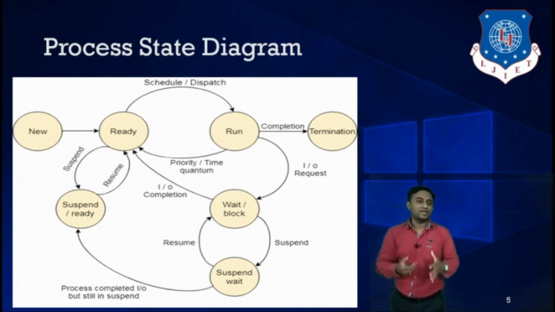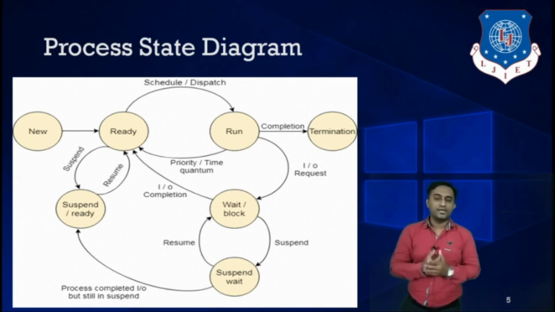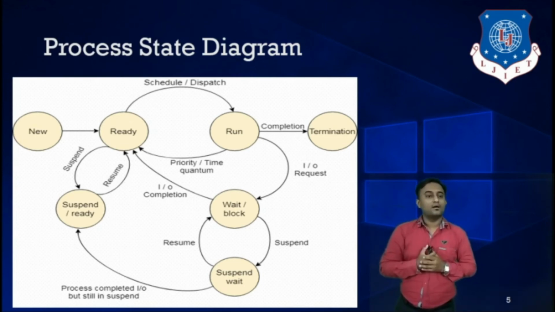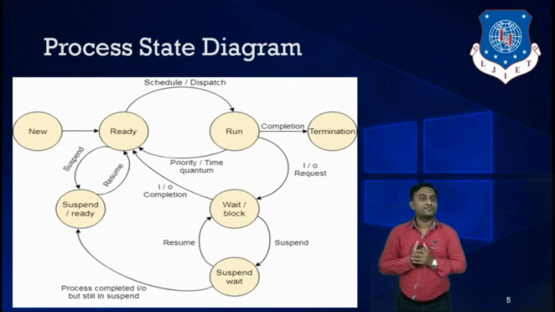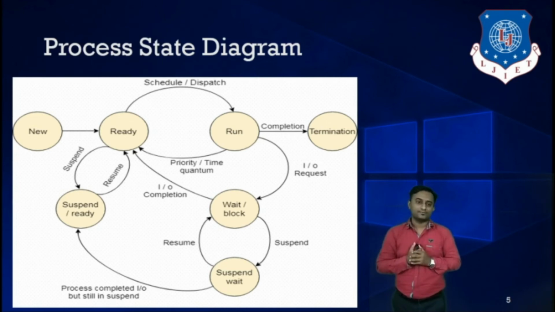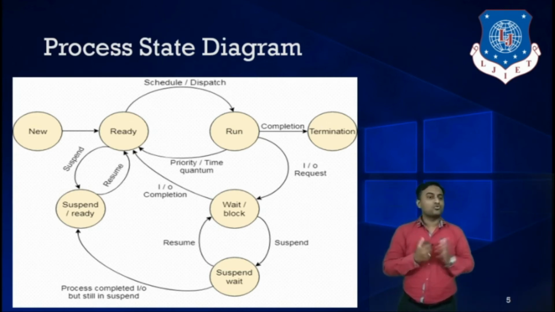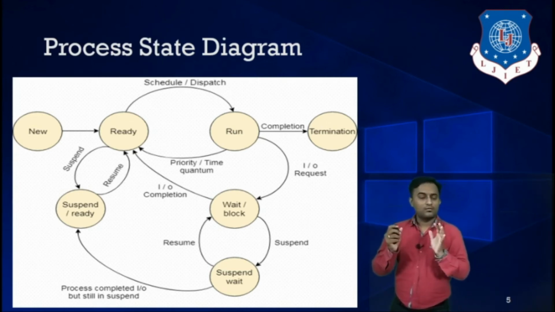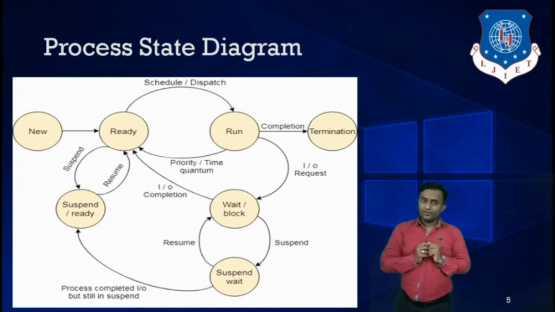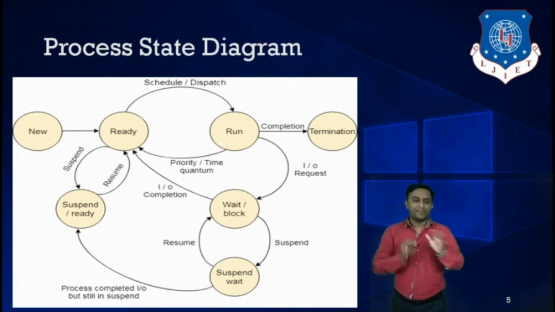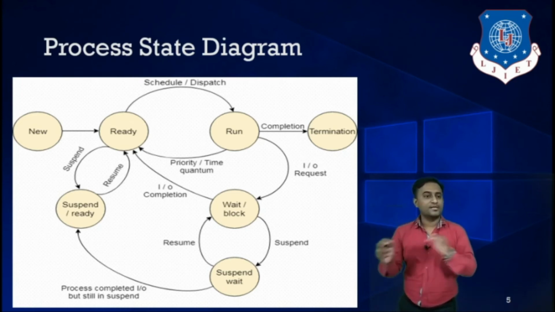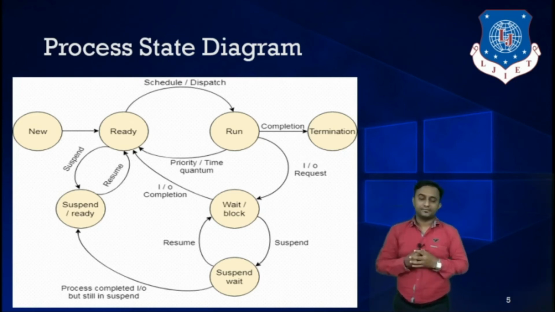That's why the waiting, or block, state is there as the fifth state in the process state diagram. The process will be kept in the waiting state until it completes its IO operation. Once it finishes its IO operation, it will again shift to the ready state.